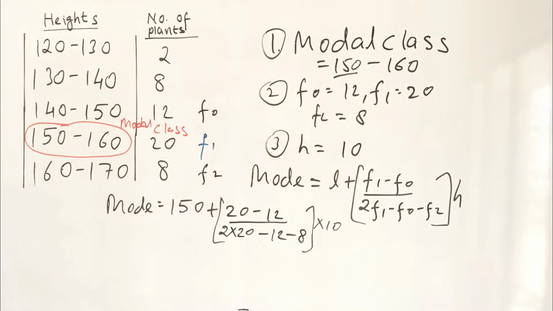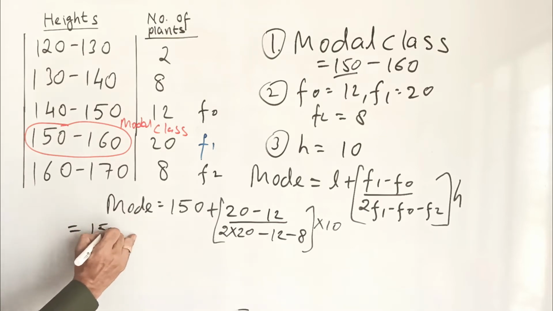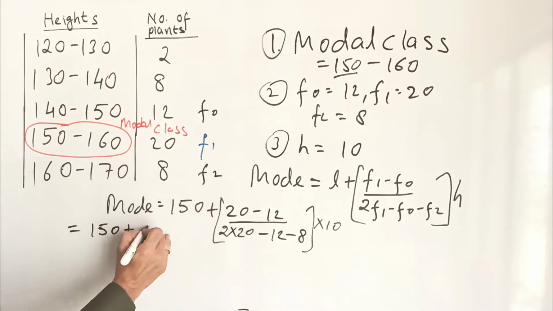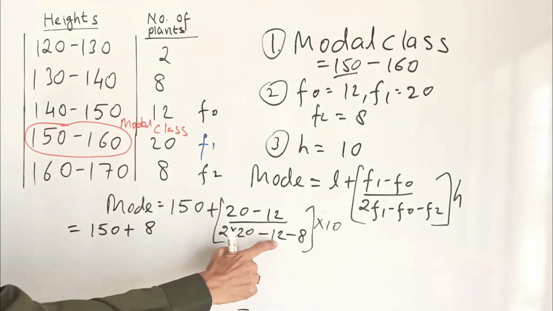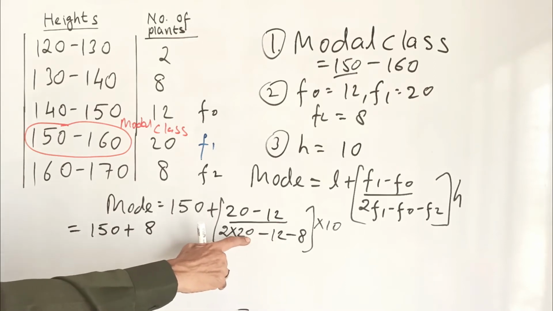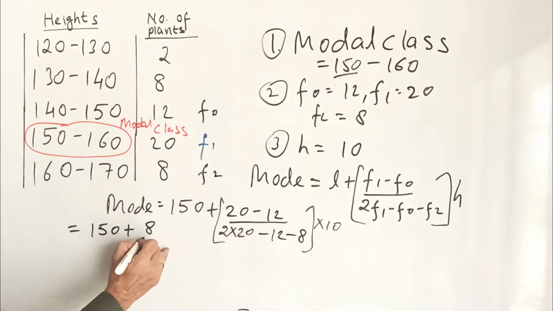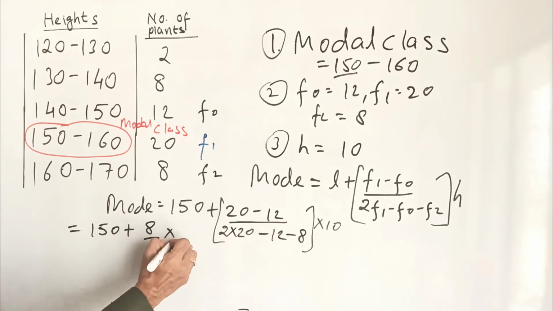See here properly, students. Don't make any calculation errors. Now it is very easy to calculate. 150 plus 8 upon 40 minus 20, that is 20, into 10.